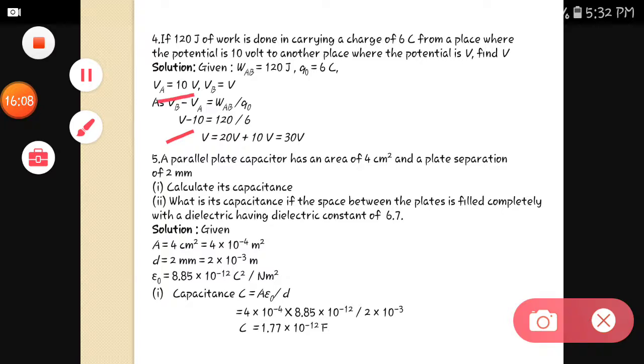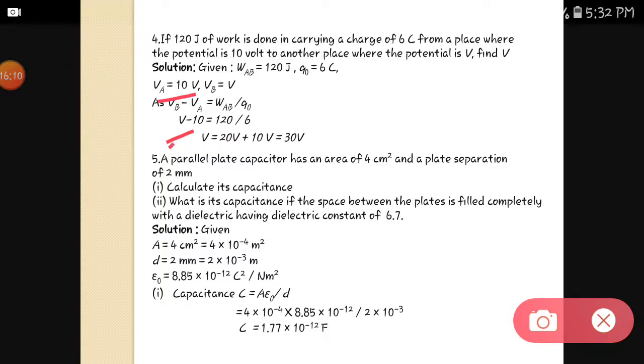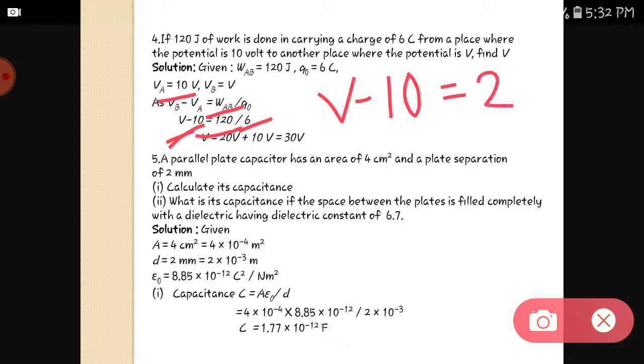What is VA over here? VA is 10. WAB is 120. Q0 is 6. So you are getting V minus 10 as 20. So what will be V over here? It will be 30 volt.